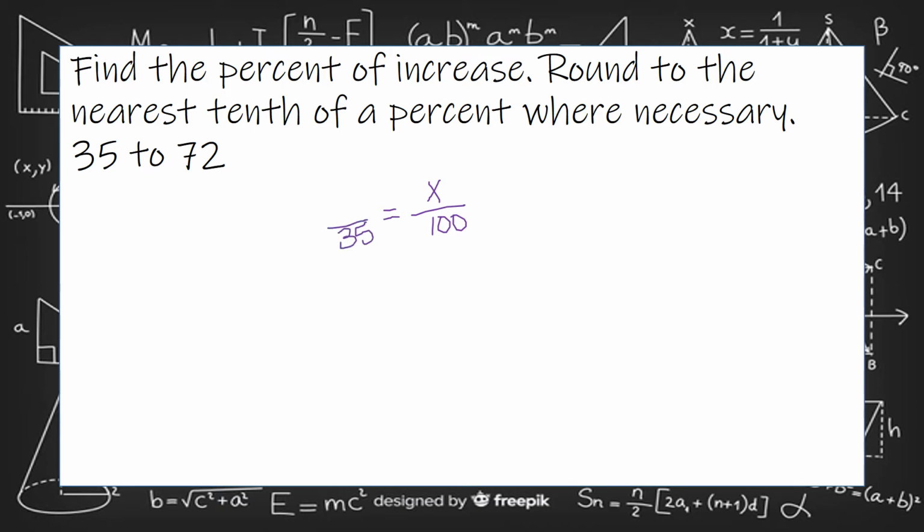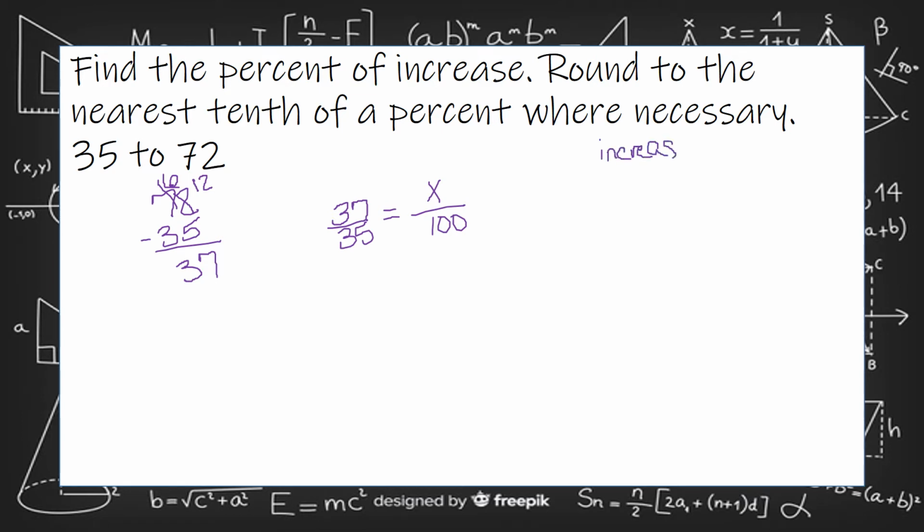So we always start with the original because that is the old price. So I need to figure out the difference between the new price and the old price. So 2 minus 5 I can't do. I have to borrow from the 7. 12 minus 5 is 7. 6 minus 3 is 3. So this increased $37.